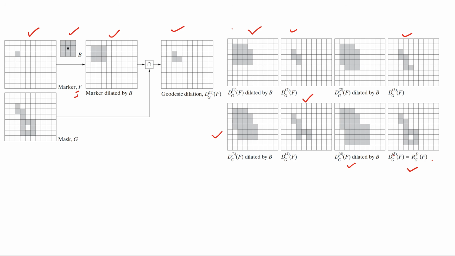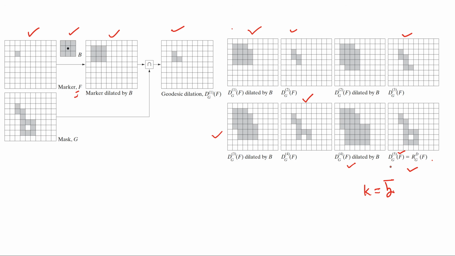So you can see that when the geodesic dilation is applied 5 times, your process has converged. So in this case the value of k is 5. Okay, this number is not relevant. What you have to do is stop when 2 consecutive applications of geodesic dilation do not make a change in the final result.